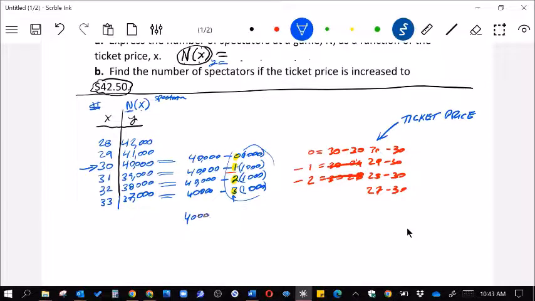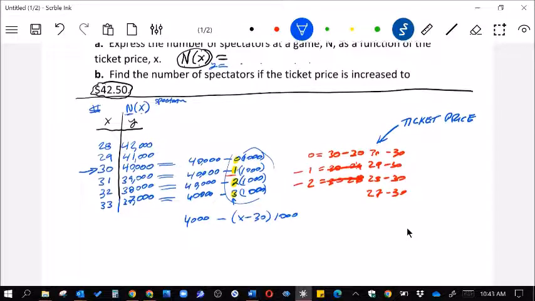It's going to be the 40,000 minus x minus 30 times 1,000, because the ticket price is x, so that's actually x, x minus 30, x minus 29, and so on.